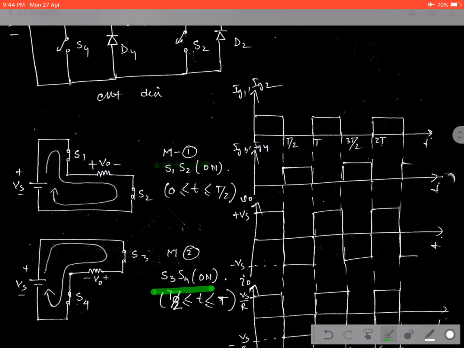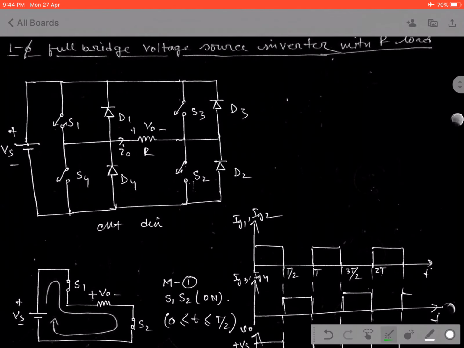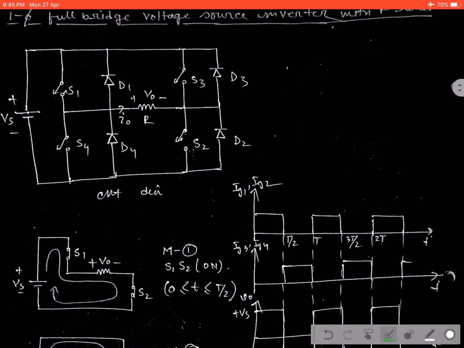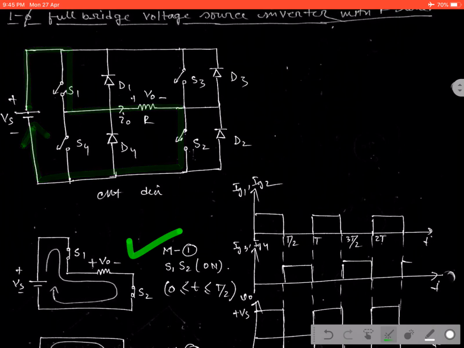Okay, in mode 1 operation, when S1 and S2 start conducting, then the current starts flowing through S1, through the load, then S2, then coming back to the supply. It will cover the mode 1 operation, and the circuit diagram is given over here.